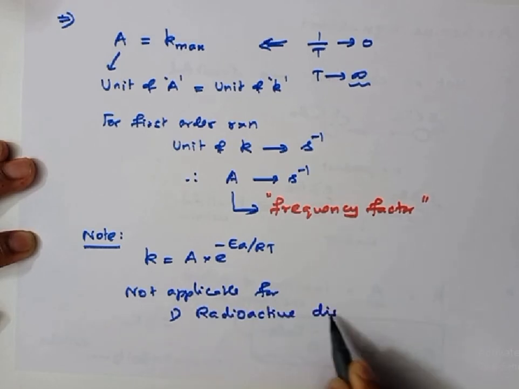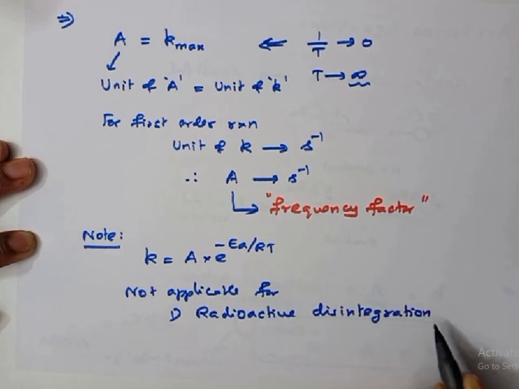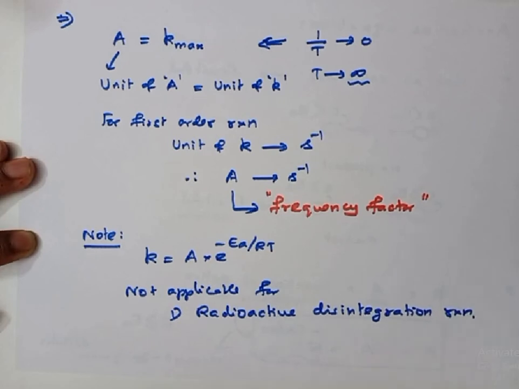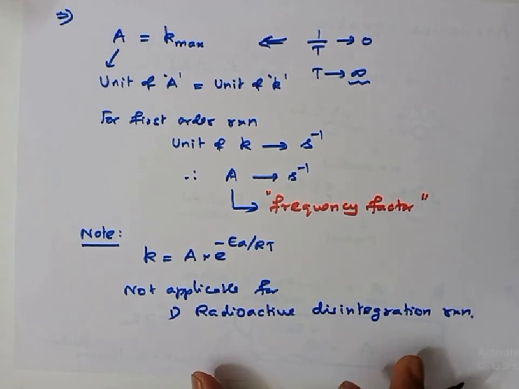You cannot apply the Arrhenius equation to radioactive disintegration reactions. You know very well, all radioactive disintegration follows first order kinetics. Though these reactions belong to first order, we cannot apply the Arrhenius equation to them.